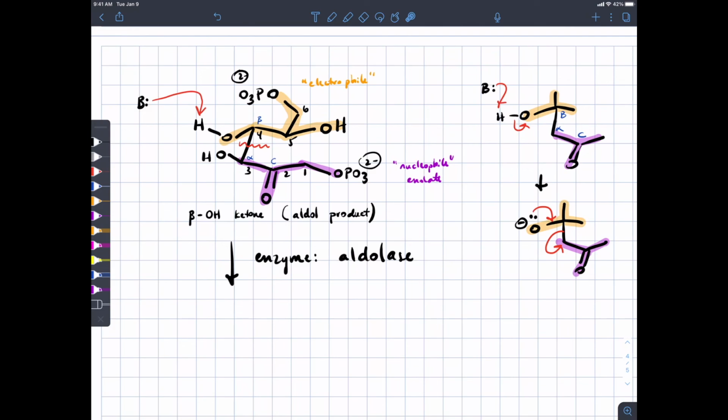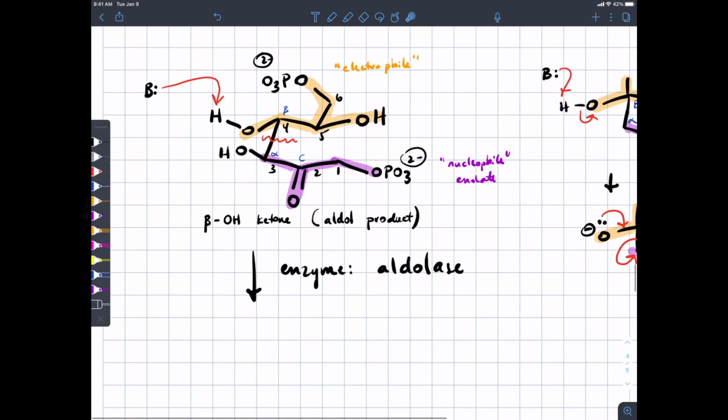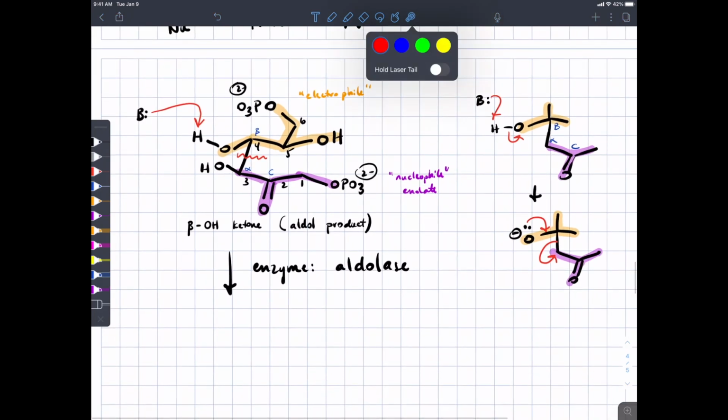You'll learn more about that in biochem. There's some experiments you can do to determine which one is which, but in some cases it may not be known. So to save time and also be general enough to account for whatever the experimental data say, we are often going to show the proton transfer step and the carbon-carbon bond breaking step at the same time.